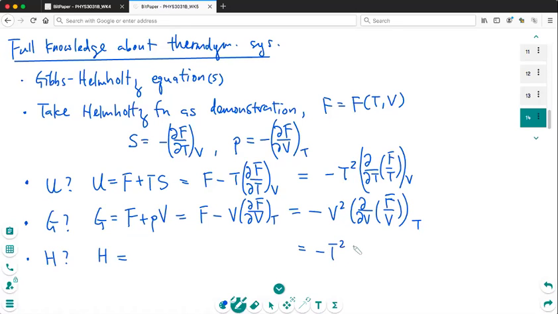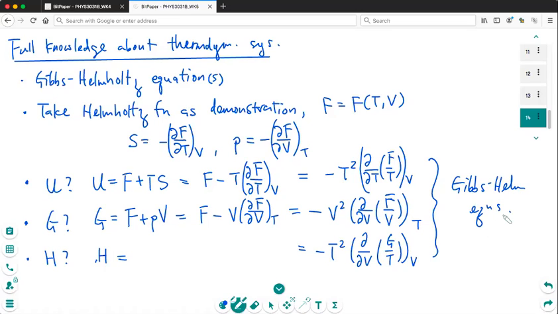This will give you T squared, and this is G over T. But first you need to calculate G. From this line, you know how to calculate G. After you calculate G, you can take this ratio and calculate your H, the enthalpy. So this is what I meant by the full knowledge, and this is called the Gibbs-Helmholtz equation.